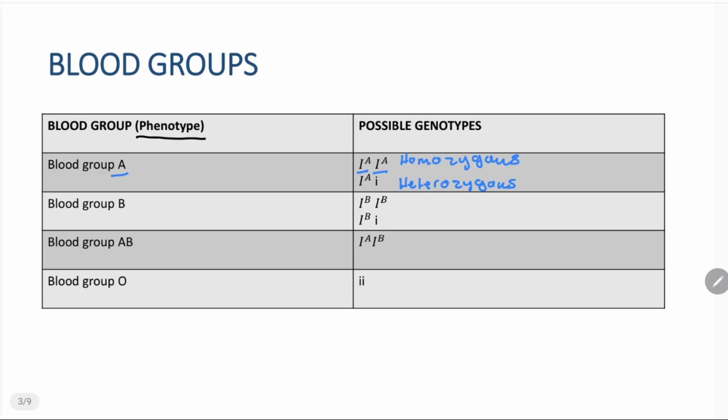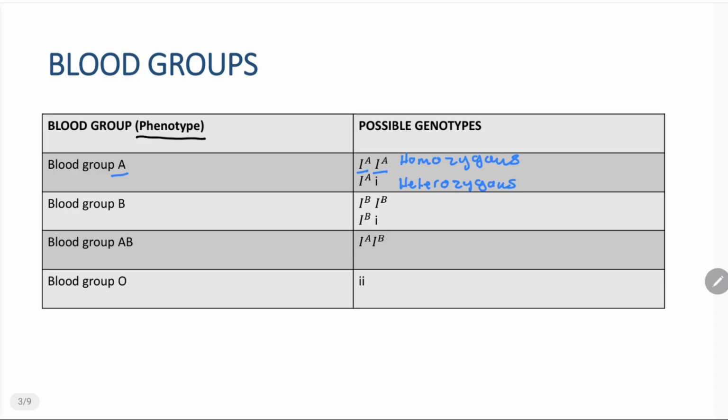Hence, we are saying that this person is going to have blood group A. And the effects of small letter i are going to be masked. So this person is going to have blood group A. And this is a sign of complete dominance, because in this heterozygous state, the dominant allele here determines the phenotype, right?